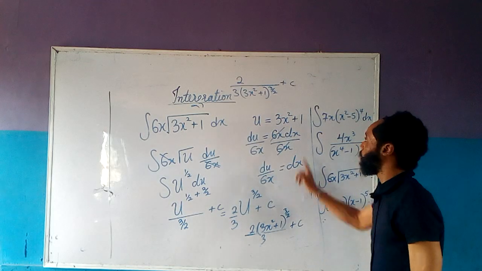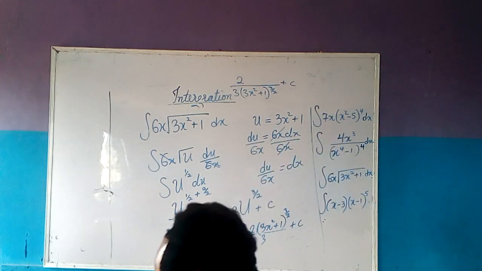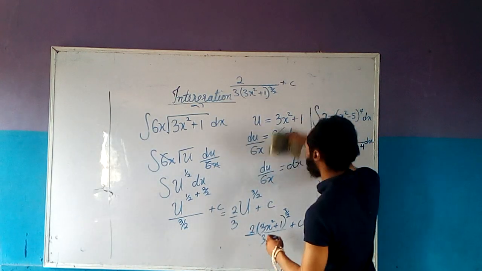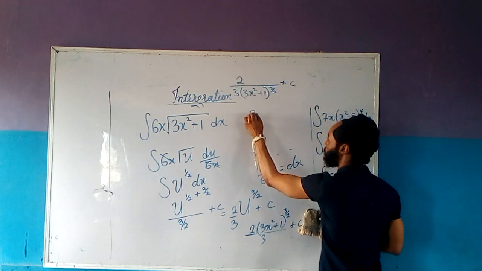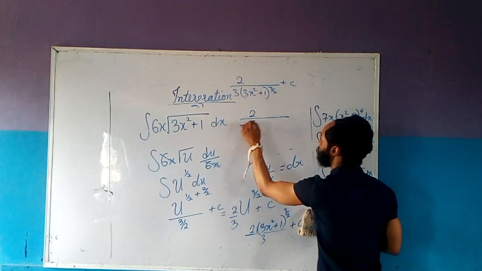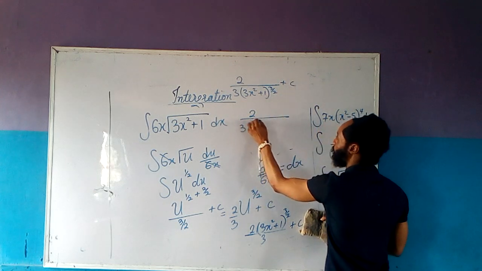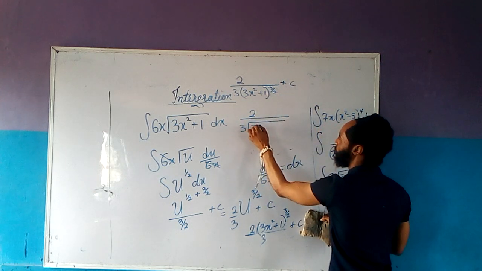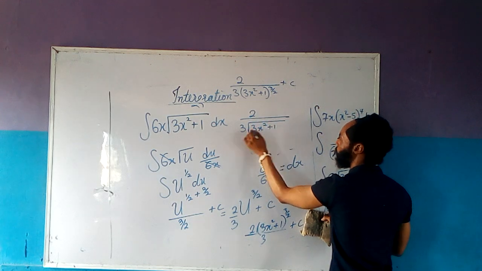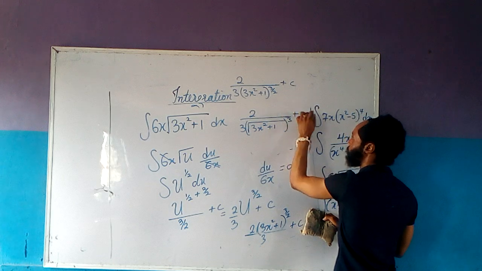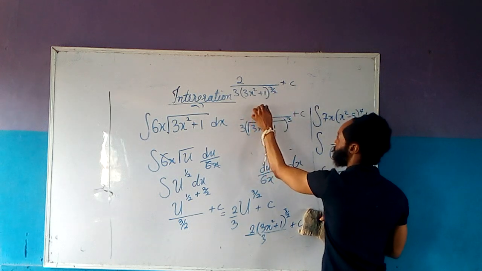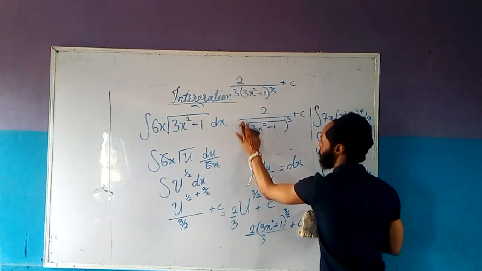That's not all. Let's take it to the last part. Let's clean this page. So clean here and write our final answer: 2 over 3 times the square root of 3x squared plus 1, all to the power 3, plus c. Now this is our answer. This will make it clear.